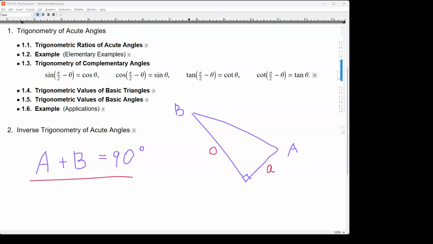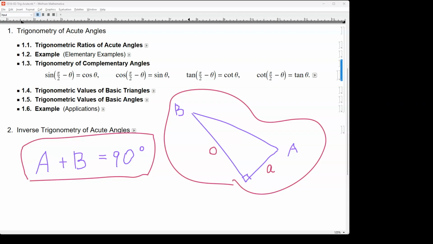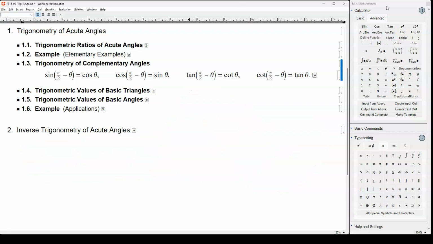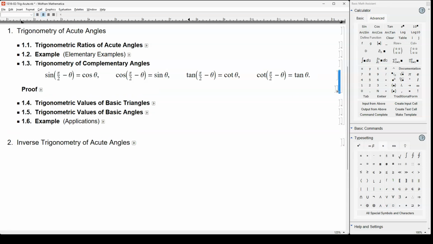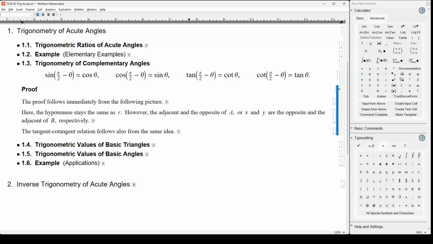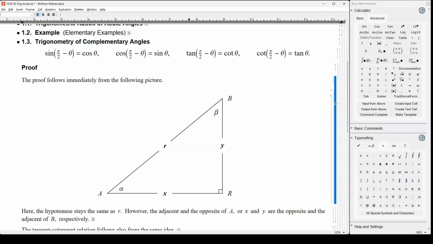It all comes from this, and then, of course, even more importantly, this picture. Opposite and adjacent flip-flop. Here, I wrote this in radian expression, pi over 2 minus theta, rather than 90 degrees minus the angle, but the idea is the same.